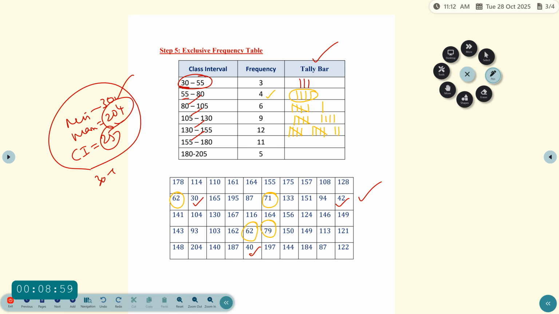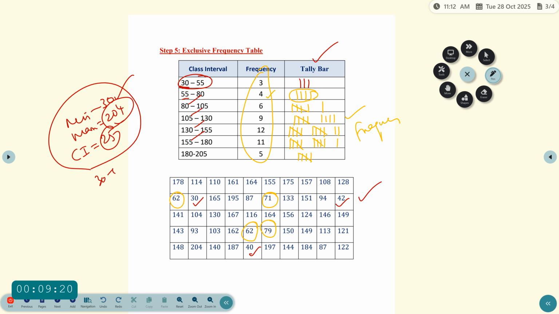Similarly, we put all the tally marks, then count them and enter the value. 3, 4, 6 correspond. This is our frequency table.